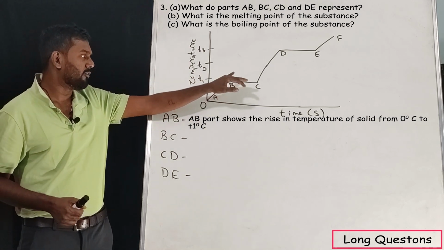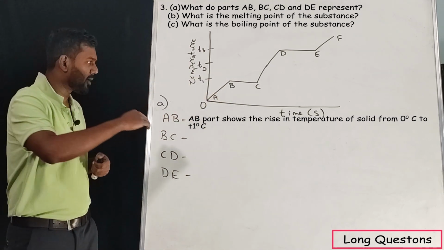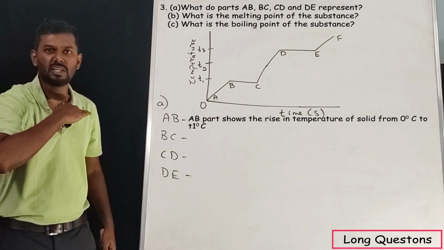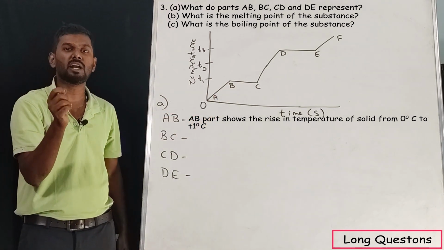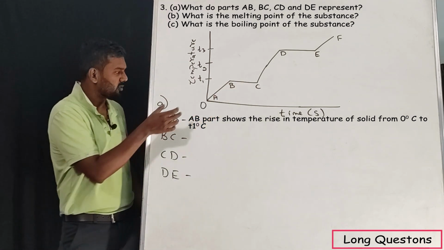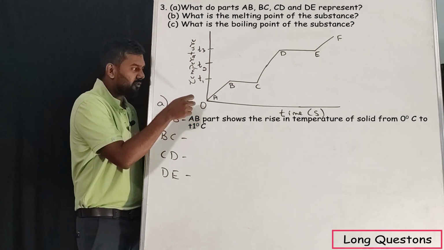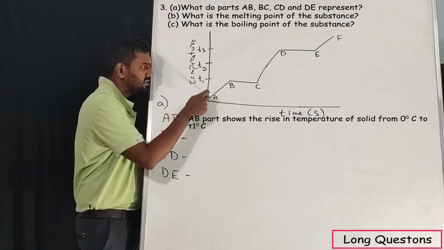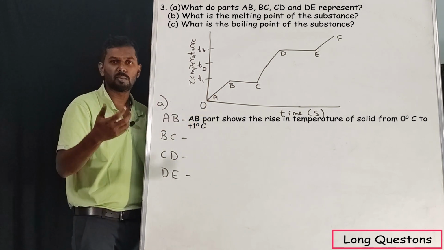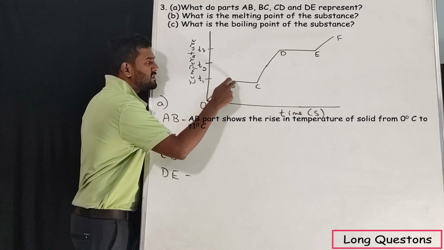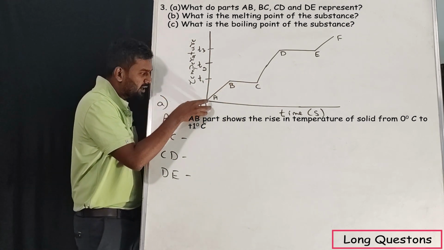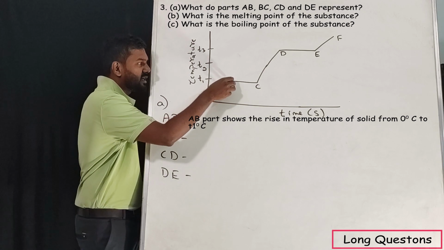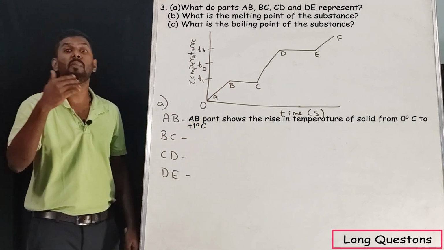Then, I told you, whenever there is a flat line, BC represents a flat line, and that represents a process. Assume this as ice only. When you raise the temperature of ice, it starts melting.